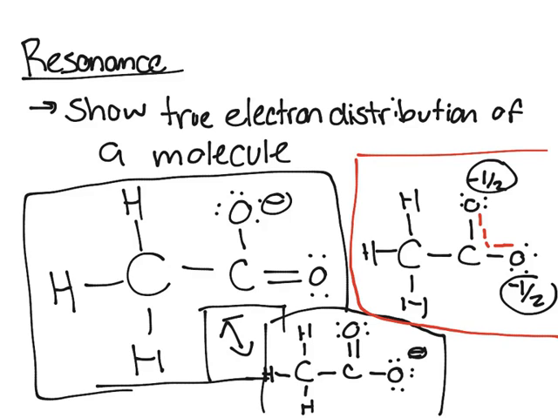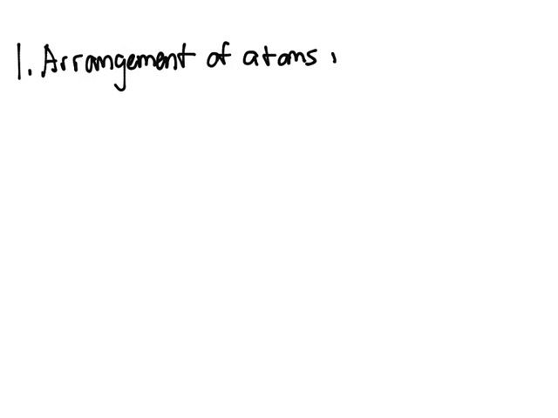And so there are some important resonance rules to draw resonance structures. And so you can never move atoms. So one arrangement of atoms is the same.